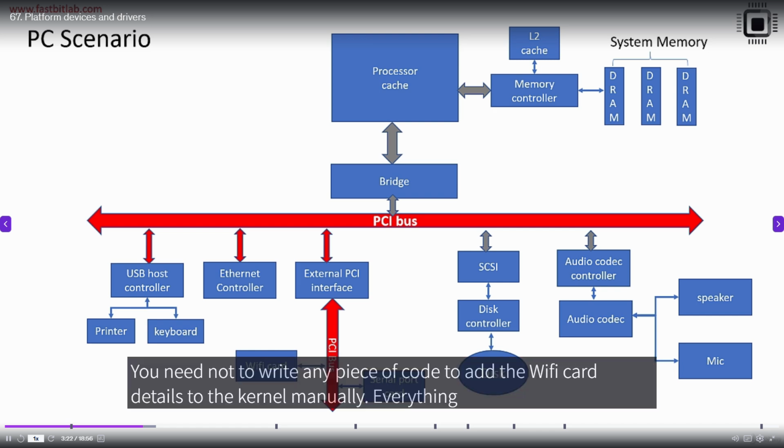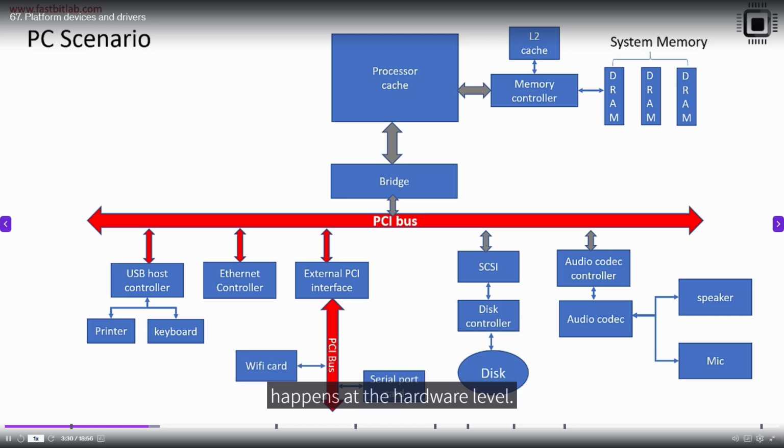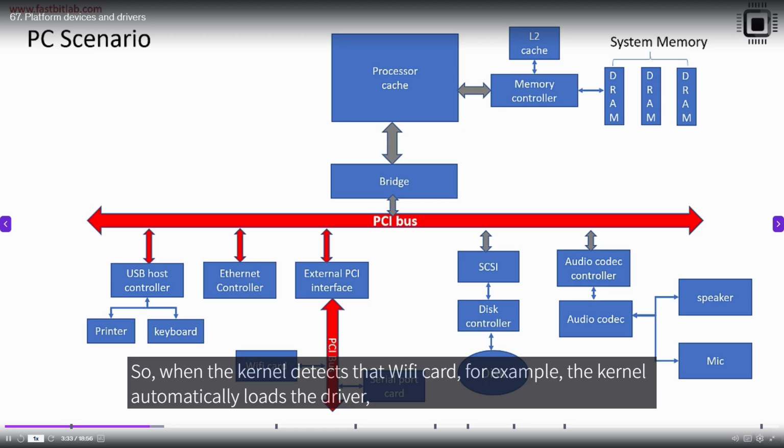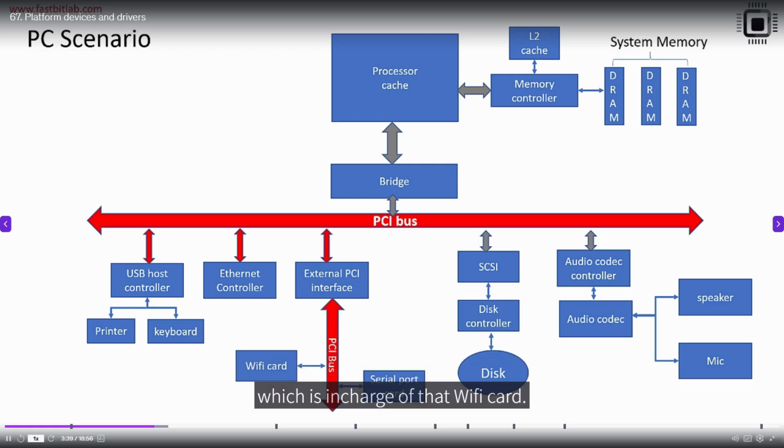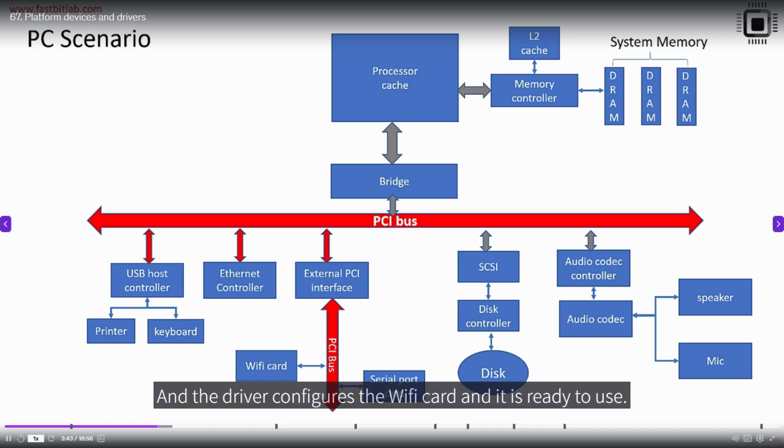You need not write any piece of code to add the Wi-Fi card details to the kernel manually. Everything happens at the hardware level. So when the kernel detects that Wi-Fi card, it automatically loads the driver in charge of that Wi-Fi card. And the driver configures the Wi-Fi card and it is ready to use.